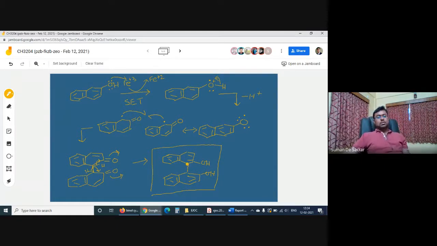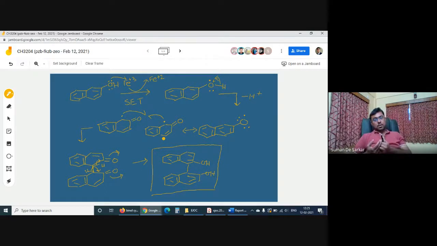Okay. So this is one theory, but some people also suggested that because of the generation of these intermediates, once you generate it, this is quite reactive. So this intermediate may not wait for another intermediate to come closer and react.